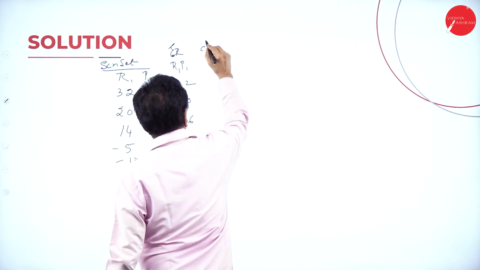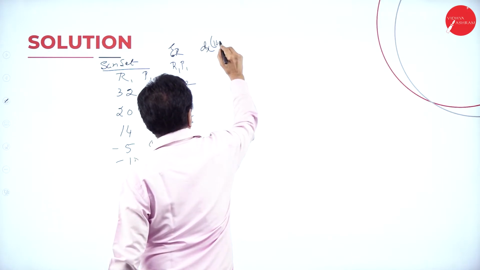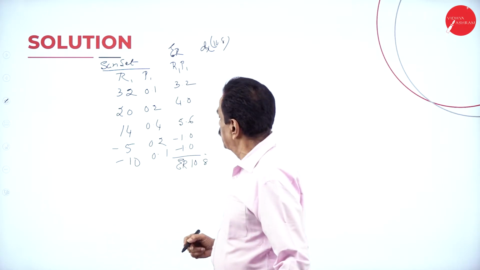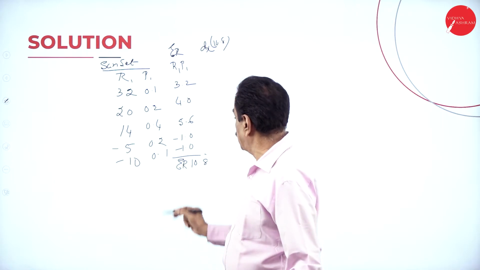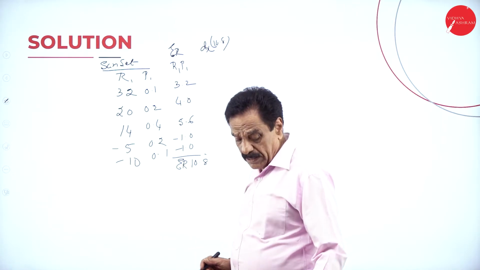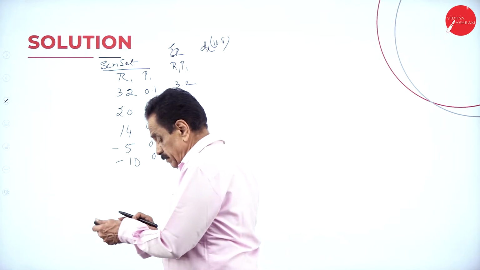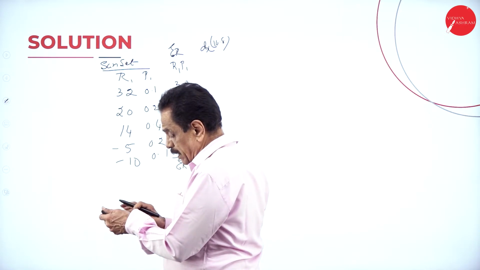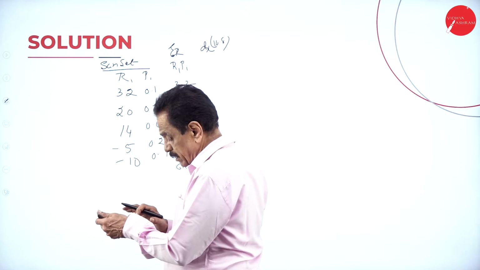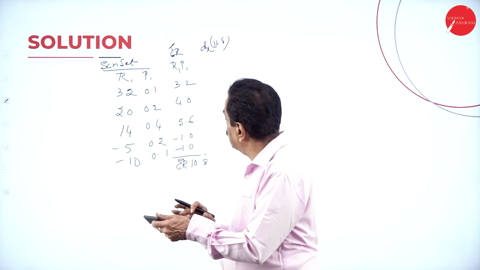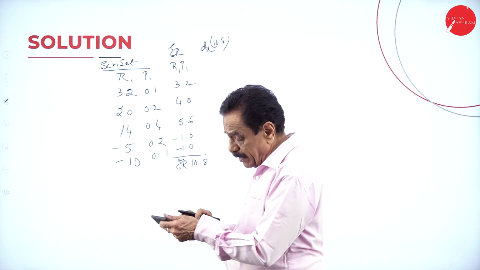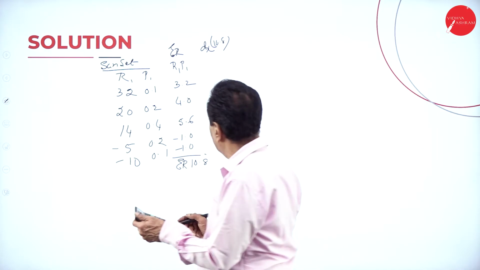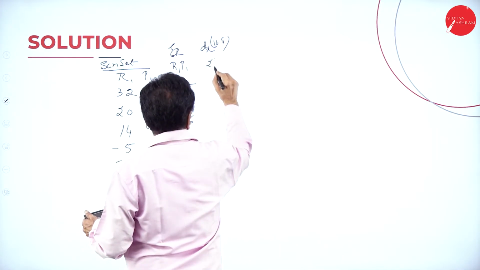Then you take the dx. This is 10.8. So what's your return? 32 minus 10.8, that is 21.2.